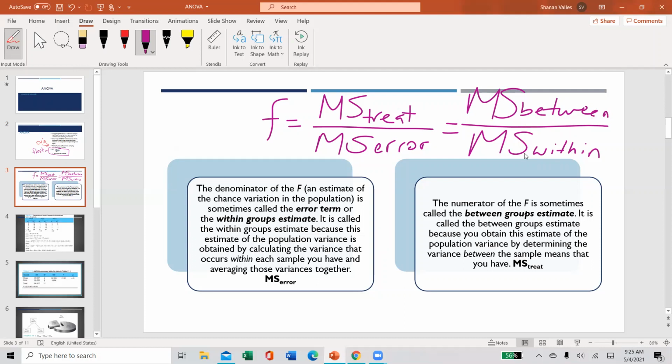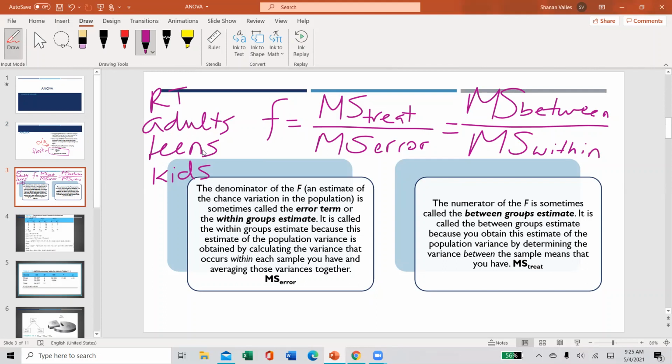So let's think about it this way. If we were evaluating the reaction time of adults, teens, and kids, we know that not all adults are going to have the same reaction time.